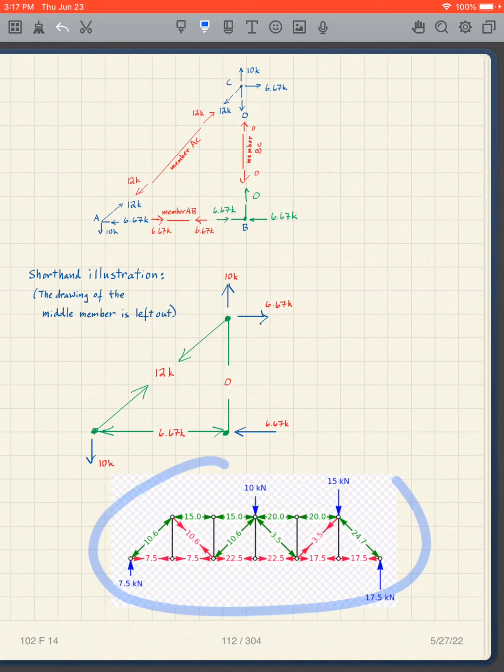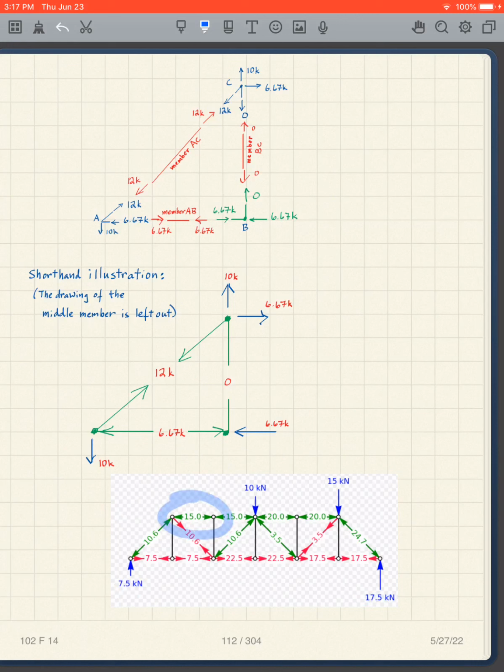And this is an example of it for a different truss. How about this one? Is this member in tension or compression? Well, it's in compression. Why? Because it's pushing on the nodes. Same thing for this one here. It's pushing on the nodes, so that member is in compression.